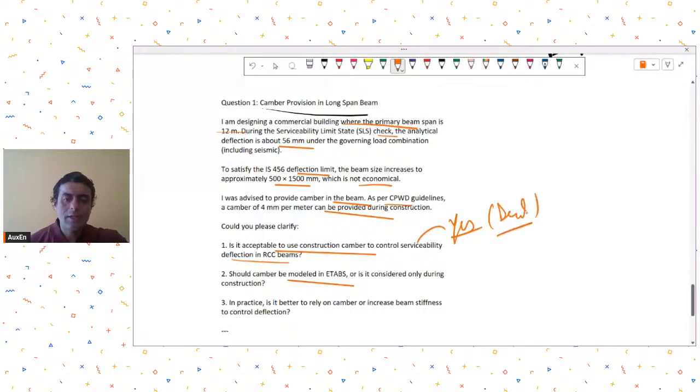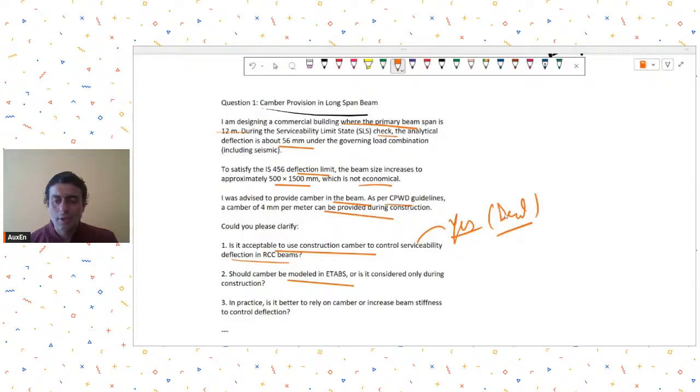So assuming that the dead load deflection comes into being just a few days after the beam is constructed, let's say. So immediately after the beam is constructed, your dead loads will come into picture. Of course, there will be no brick walls by then, or the floor finishes by then, but at least the initial dead weight will come into picture then and there itself.